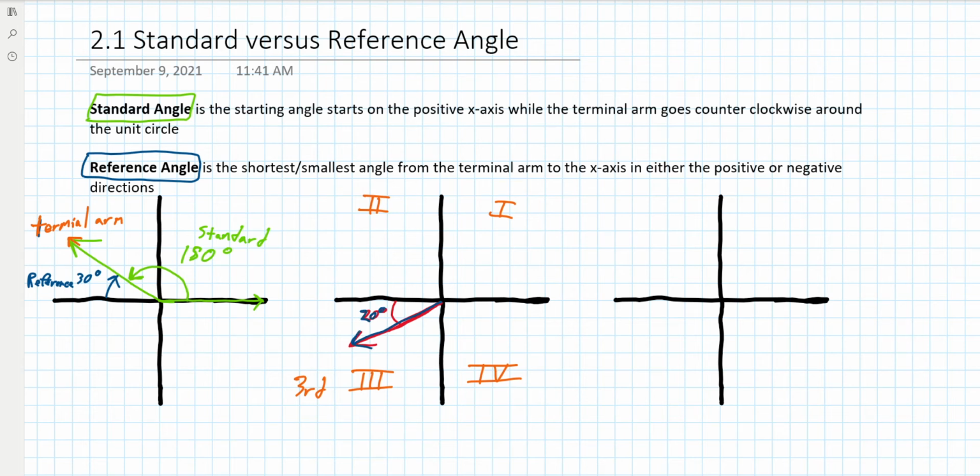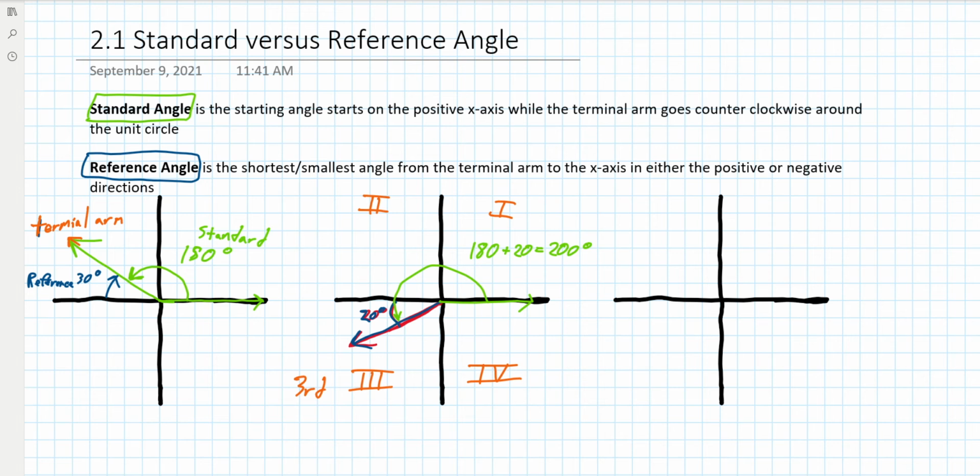Then what you can say is that the standard angle, remember that's going from here all the way around to here, is 180, right? That's the first part here. 180 plus the 20 degrees. So this is 200 degrees.